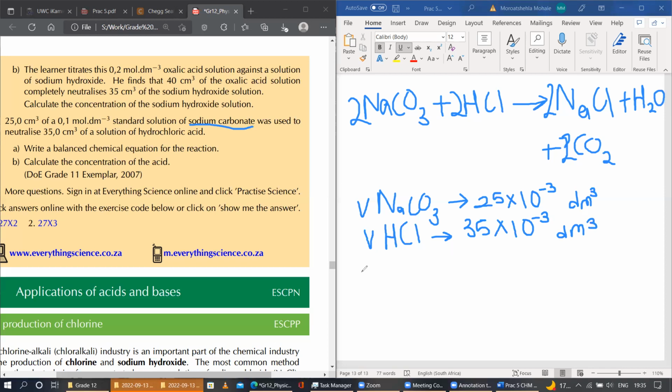Then the concentration is still gonna be the same. Let me just erase this. The concentration of NaCO3 is still gonna be 0.1.